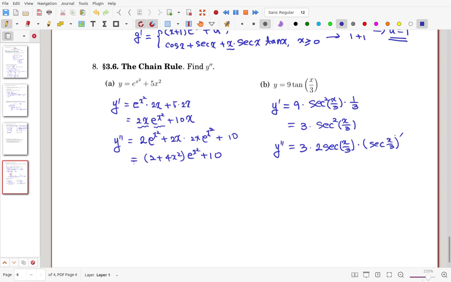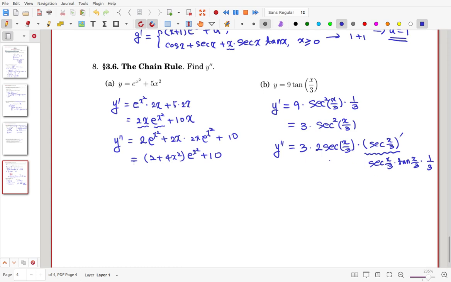Now to get the x derivative of this one, x over 3 can be considered as a variable u, and so the sec u derivative will be sec u, x over 3, times tangent u, and here again the x derivative of u, which is 1 over 3.